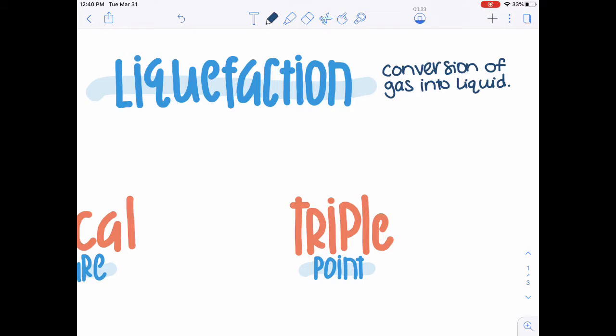In order for this to happen, the gas must be below a certain temperature and at a specific pressure.